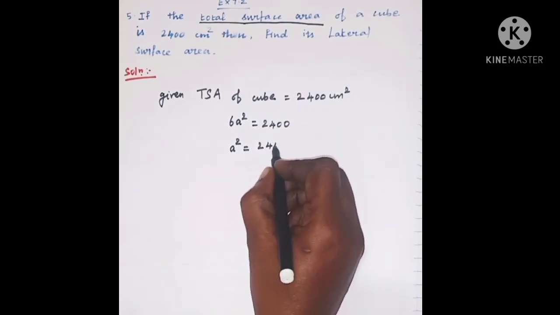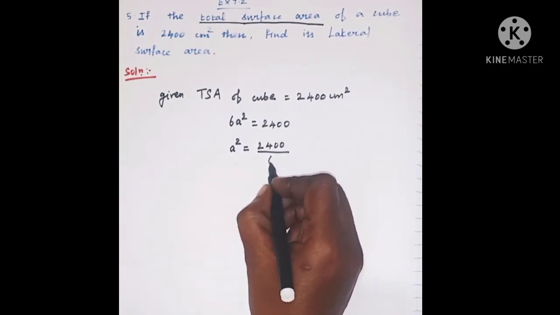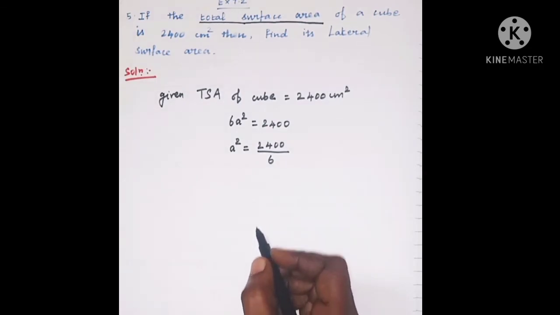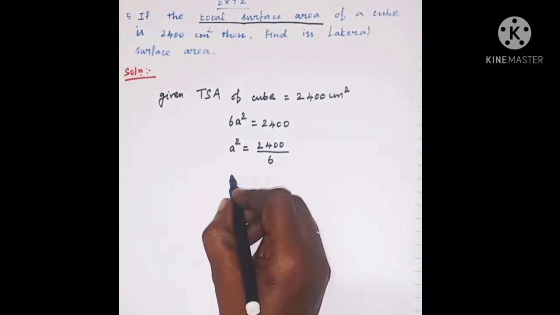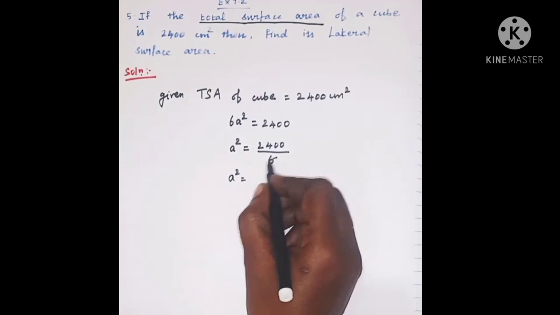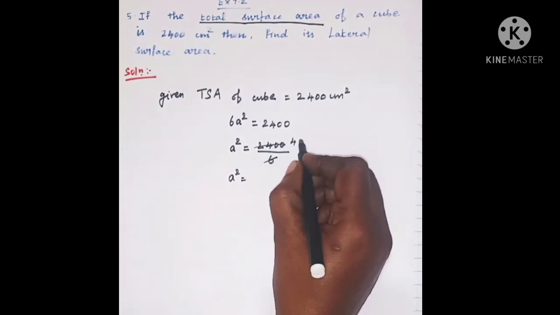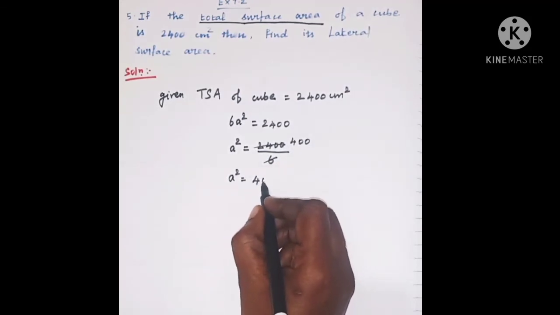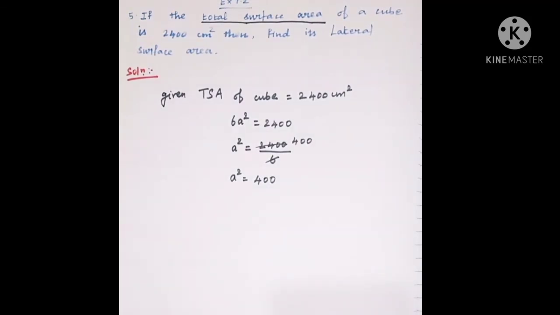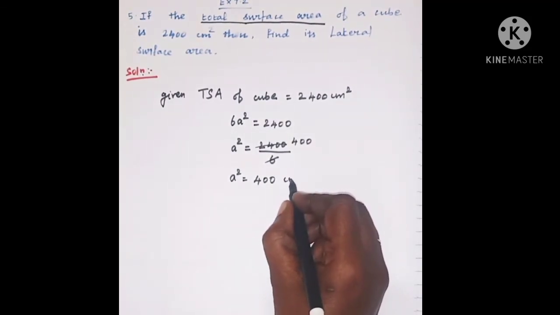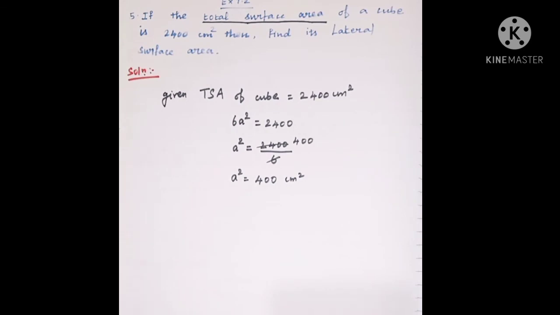So a square is equal to 2400 divided by 6. Cancelling, we will get 400. So a square is equal to 400 centimeter square.